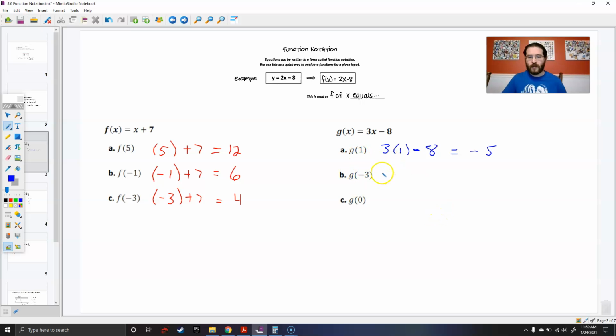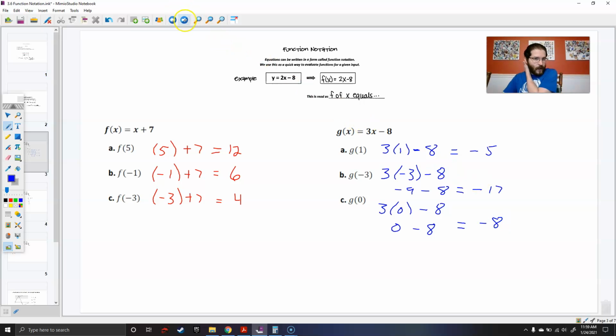We can plug those in for each of the other ones. 3 times negative 3, we get negative 9. Negative 9 minus 8, we go farther into the negatives and get negative 17. 3 times 0 is 0, minus 8, we get negative 8. Not too bad.